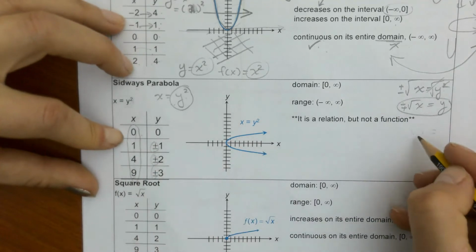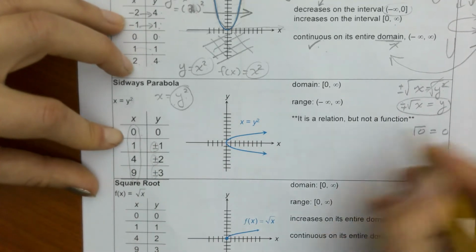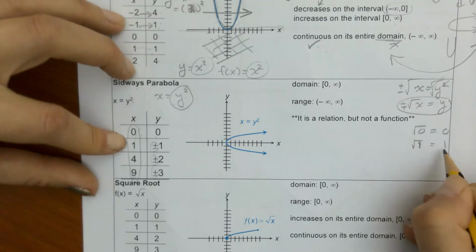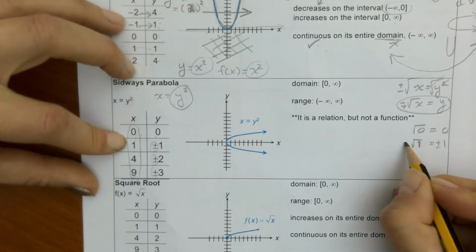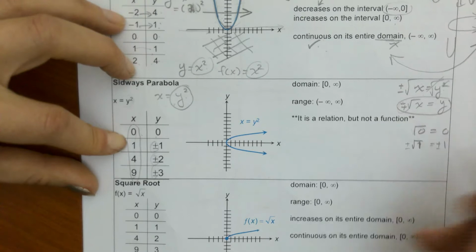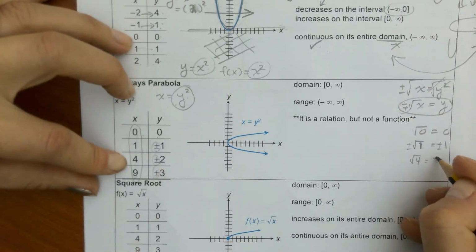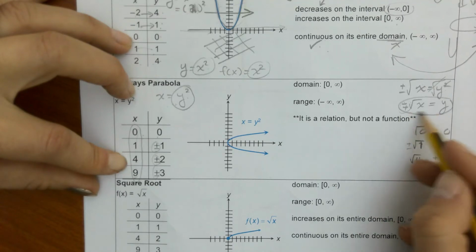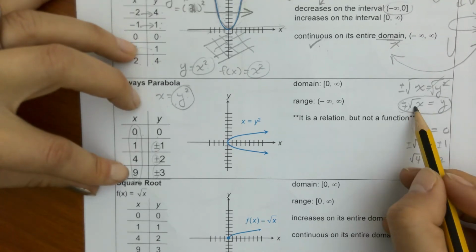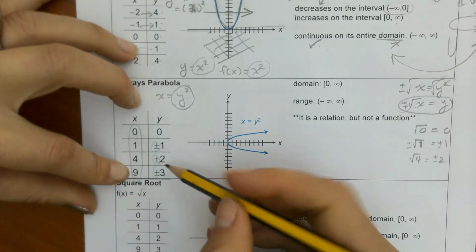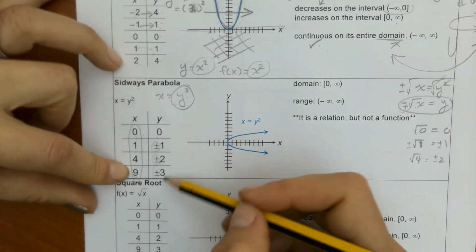What's the square root of 0? 0. What's the square root of 1? 1, but we have to take the plus and minus of it. What's the square root of 4? 2, but I have to take the plus and minus values here. What's the square root of 9? Plus or minus 3. Okay, so now I graph it.